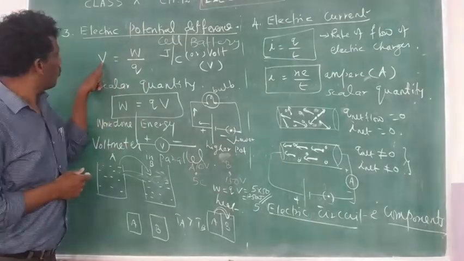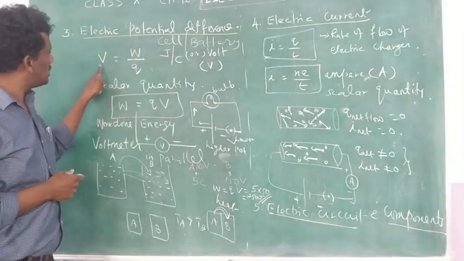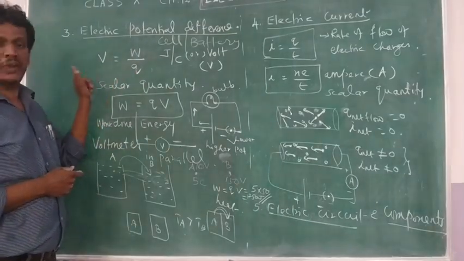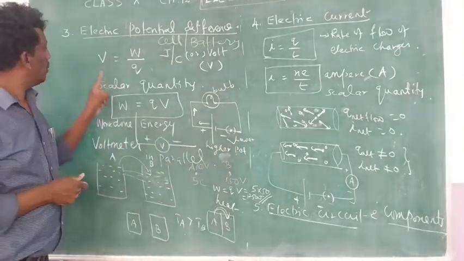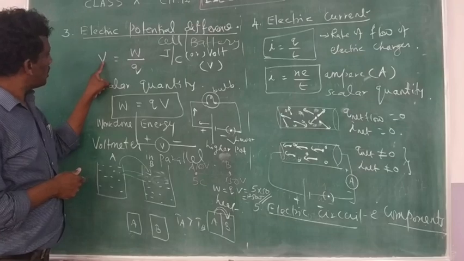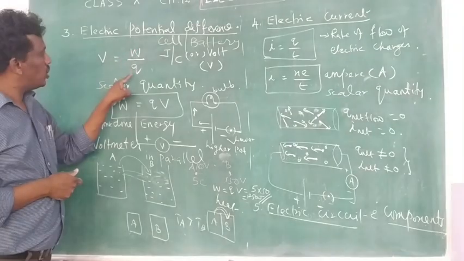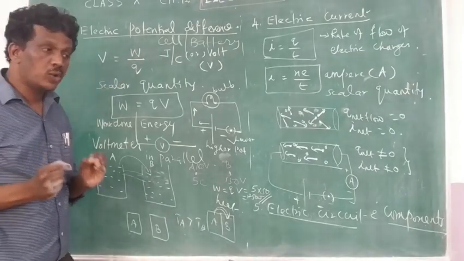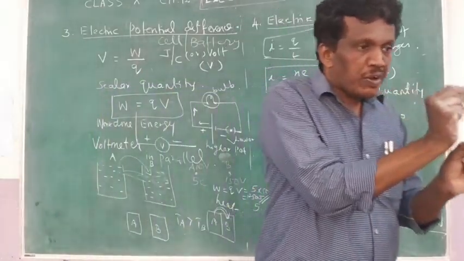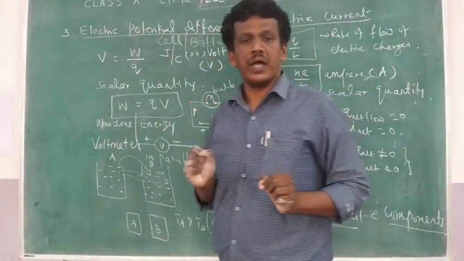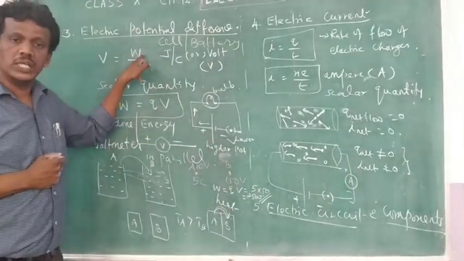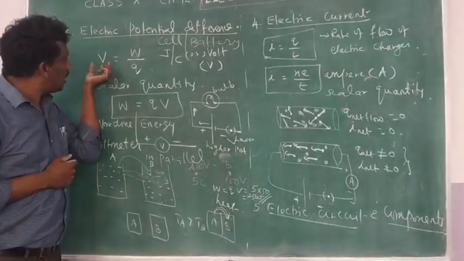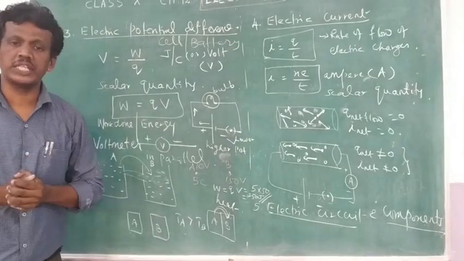Even though it is written V, it is nothing but the potential between two different points, for example, A to B. So electric potential difference is equal to work done per unit charge. What we are doing is moving the charge from one point to another point. For that we have to do work, that is work done. So how to define electric potential difference?